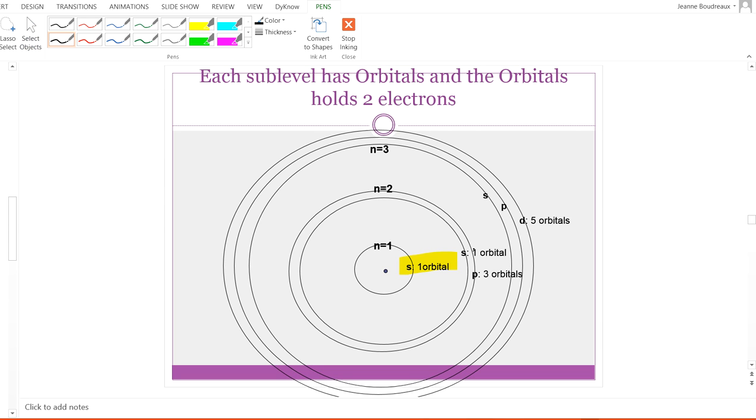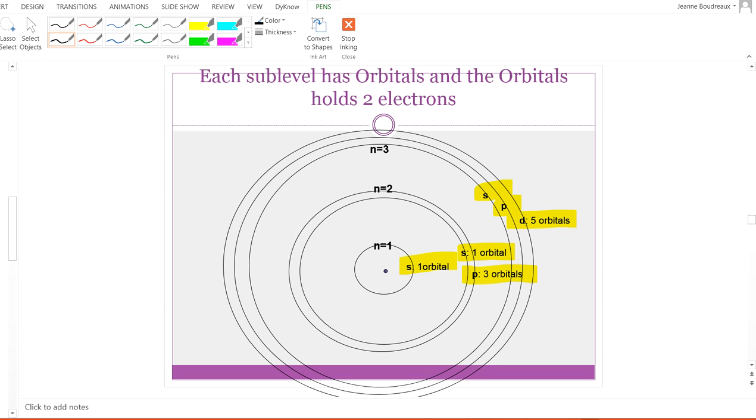And this energy level holds an s orbital and 3 p orbitals, because remember, there are 3 orientations for a p orbital. Energy level 3 holds an s, a p, and 5 d orbitals. Why? Because there is more room.